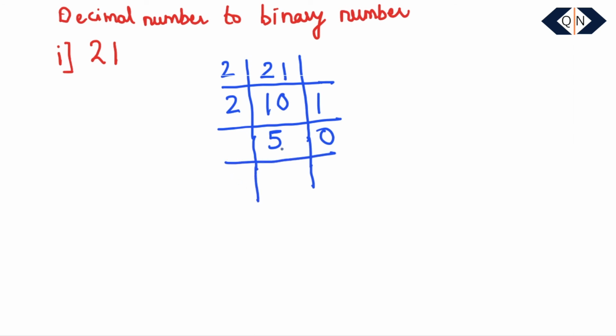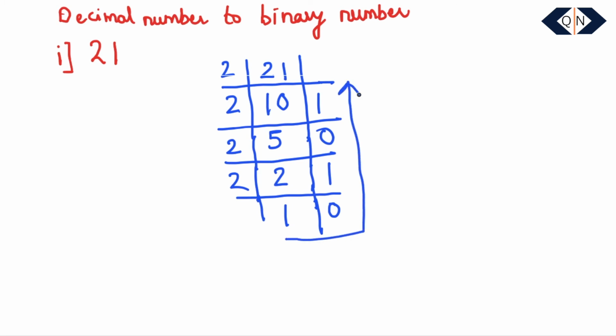Then we are going to factorize 5 also. 2 twos are 4 and then one remainder, we will write this side, and then again 2 ones are 2, no remainder, so we will be writing 0 this side.